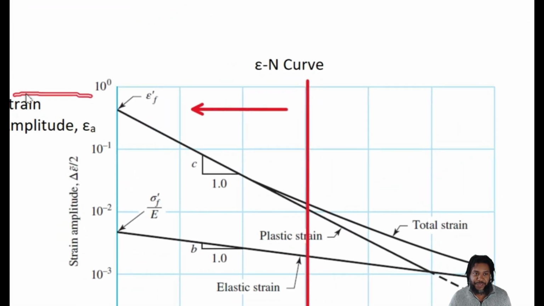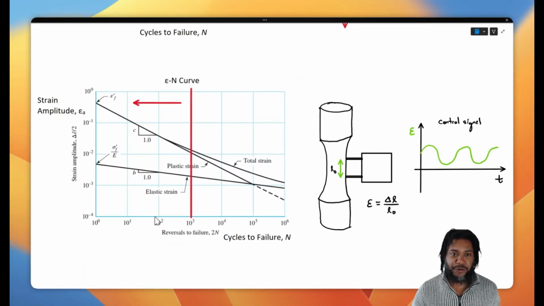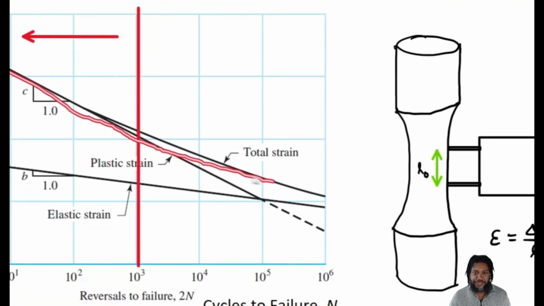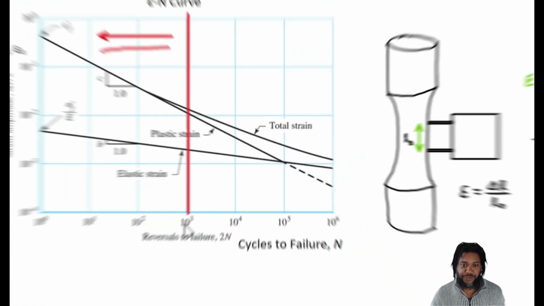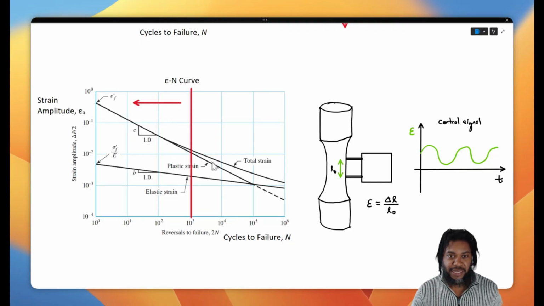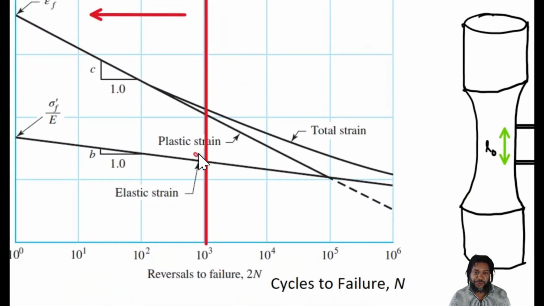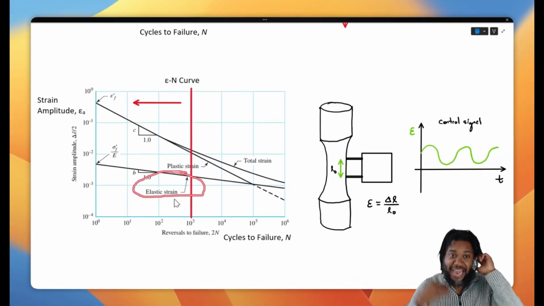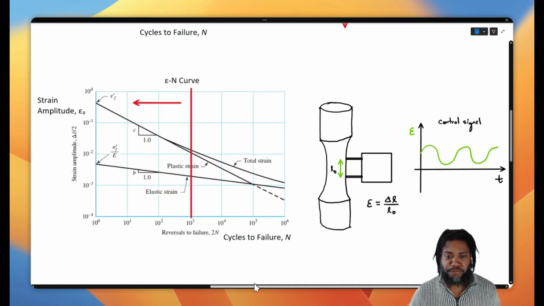From there, we can then create a strain amplitude versus reversals to failure curve, and then plot the relationship of the total strain covering both the low cycle fatigue region, so less than 10 to the 3 cycles, but we also can cover the high cycle fatigue region if we add the stress life results from the previous method, right? And this is a pretty great method for dealing with plastic deformation.